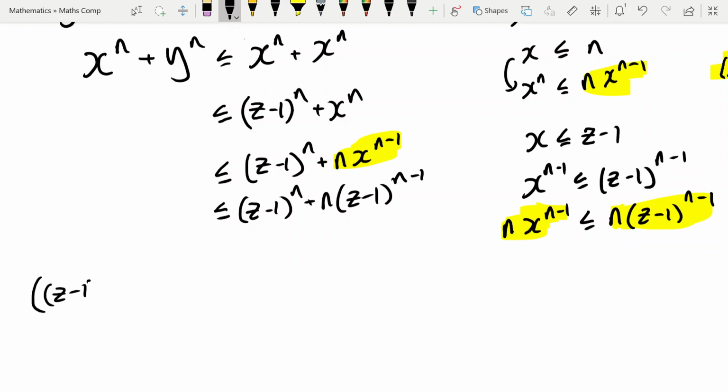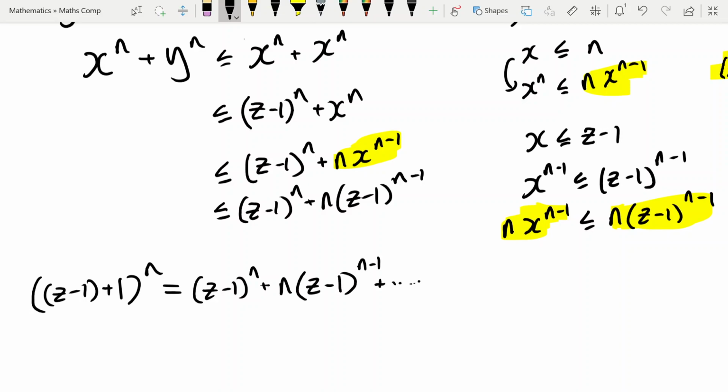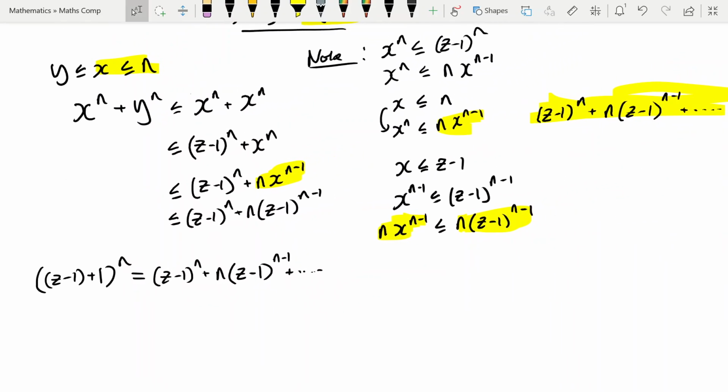It would be z minus 1 plus 1 to the nth power. And this is equal to z minus 1 to the n plus n z minus 1 to the n minus 1, and so on. And then on the other side you'd have plus 1.